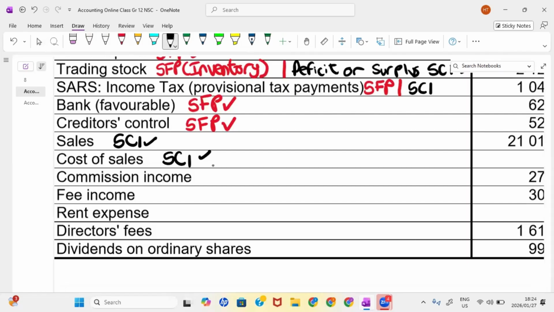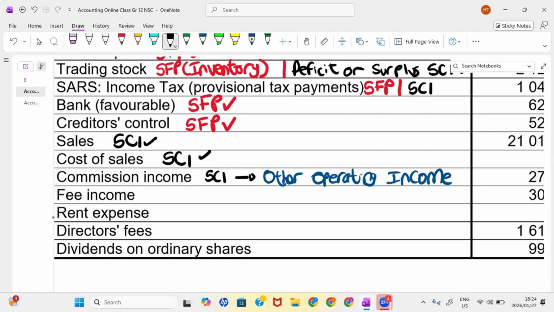And then we have commission income, which goes to the statement of comprehensive income. However, we record it under other operating income.